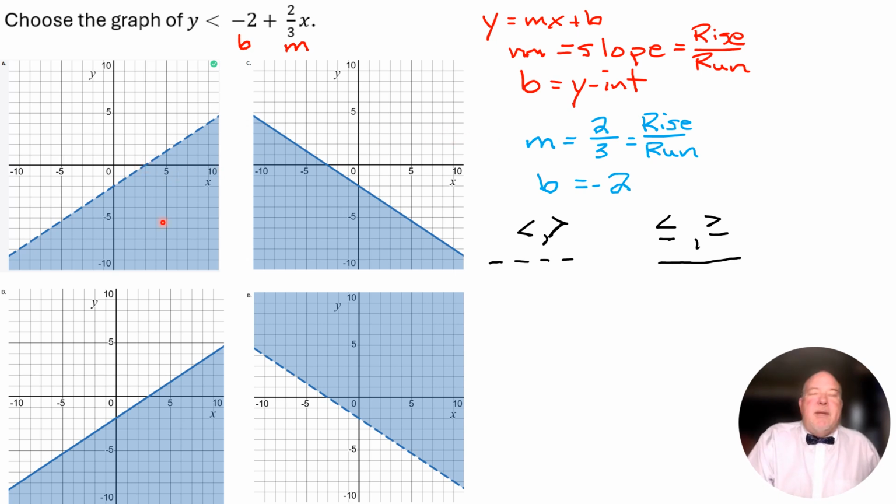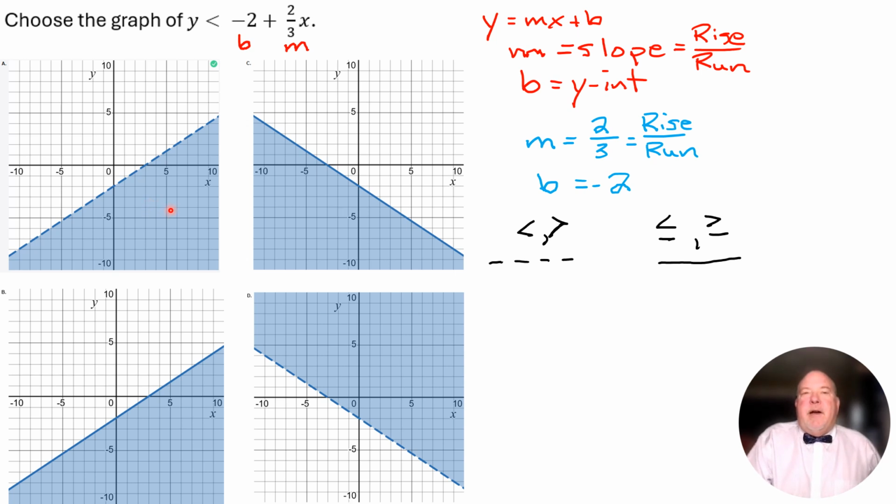Now, one last piece. We don't need to know this because we've already figured out the answer, but the other thing that makes inequalities different is the shading. When you're graphing an equation, you don't shade. So let me just show you real quick how you determine which side to shade. You're either shading on the top of the line or on the bottom of the line.